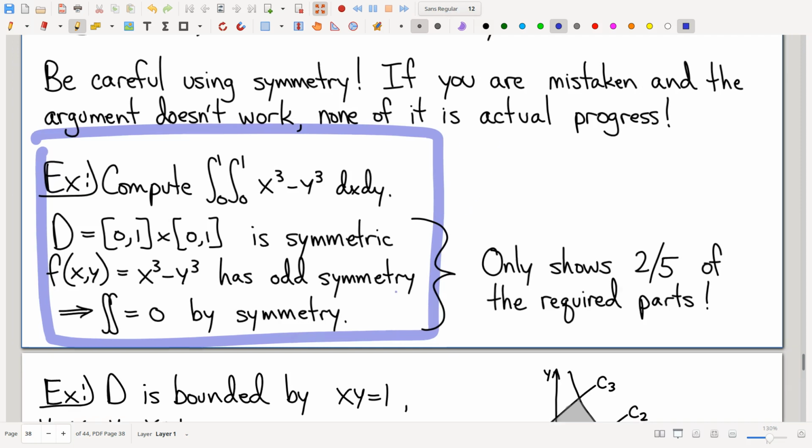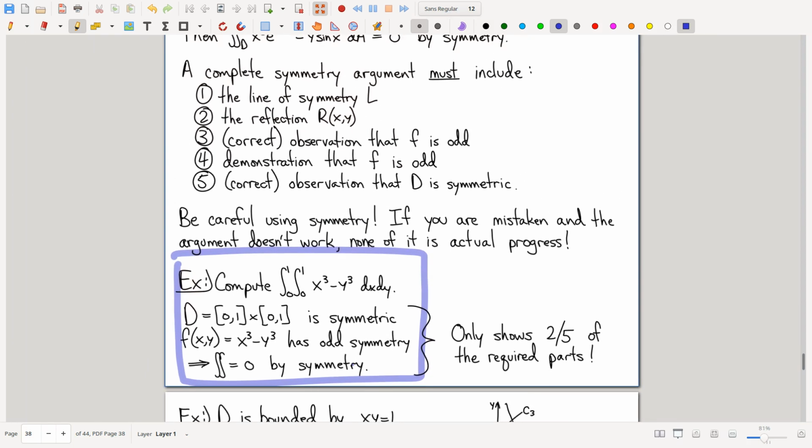And it is 2/5 of what needs to get said, right? So the student has correctly observed that the domain is symmetric, and the student has correctly observed that the function has odd symmetry. The student didn't say a word about what the line of symmetry was. Here's the thing. The domain has 4 of them.